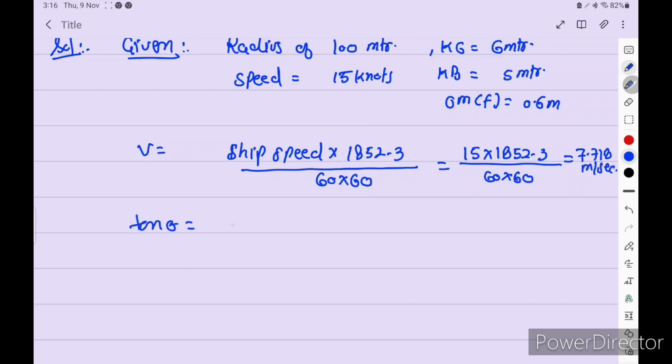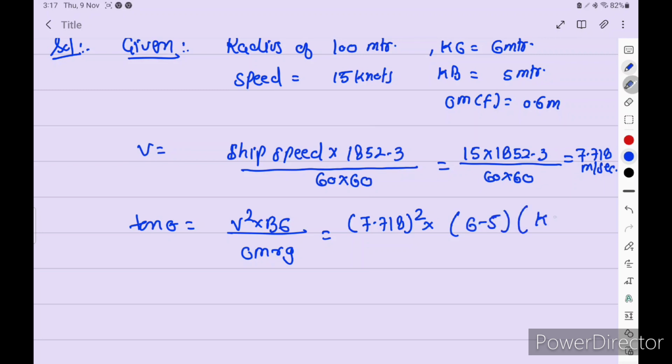Now put the value in the formula. v square into BG divided by GM into r into g is equal to 7.718 square into BG, which is KG minus KB, so 6 minus 5, divided by 9.81 into 0.6 into 100.